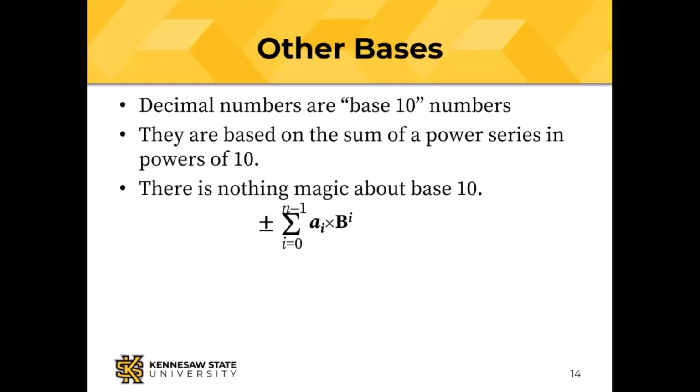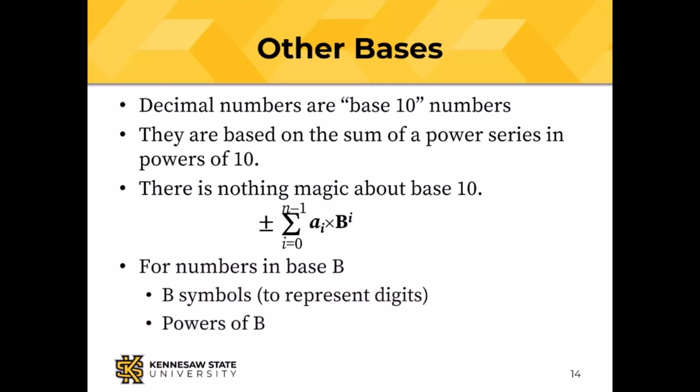Here's the same positive or negative in sigma notation, and I've replaced the 10 with a b for base. So the base just became a variable. And I can plug anything I want to in there. Now that's not quite true, but I can plug any small integer in there without causing a great deal of consternation.